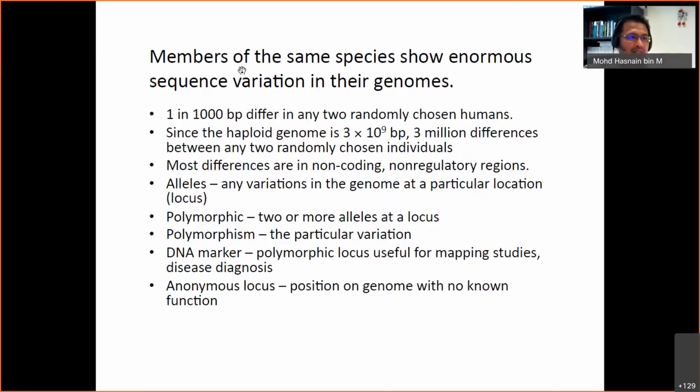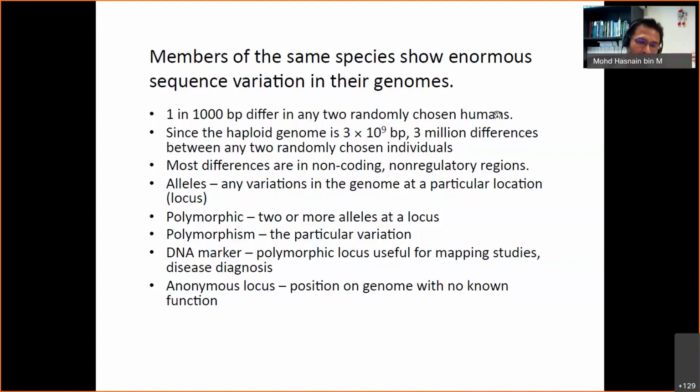Members of the same species show enormous sequence variation in the genome. Imagine, if you are not an identical twin, and if you are an identical twin that is a different story, but if you and your brother or sister, in terms of the genes we have the same genes so that we are normal, but in terms of the DNA sequence, we are slightly different. 1 in 1,000 base pairs differ in any two randomly chosen humans.